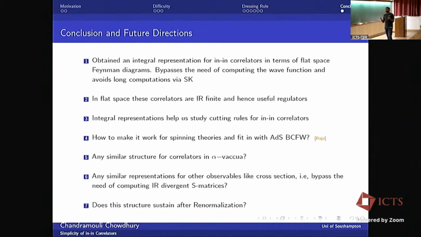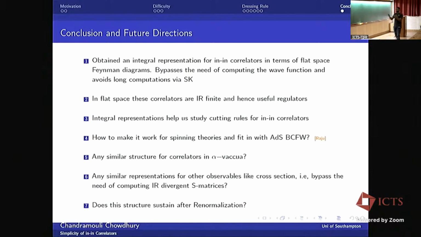And in flat space, for example, all these correlators are IR finite and can also be viewed as useful regulators. And such integral representations would now allow us to study cutting rules for NN correlators, which until now I don't think developed very nicely. And this was all done for scalar theories, but I think what would be really nice is to connect it to spinning theories and also fit in with these BCFW recursions in dS that were derived many years ago.